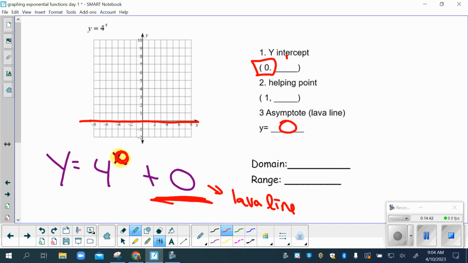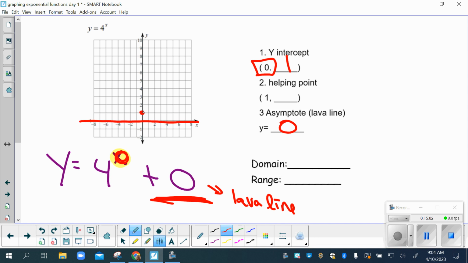So I'm done. Nice and easy. So I'm going to go 0, 1. Here's a hint: your helping point will always be 1 off your lava line. 1 up from there.